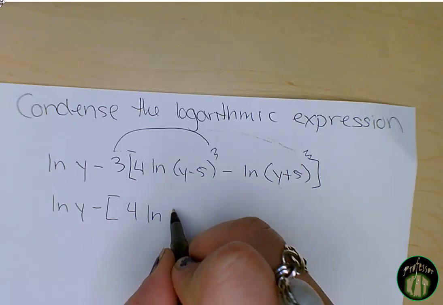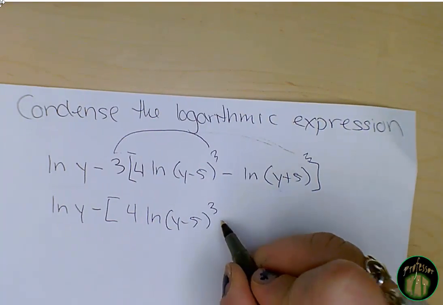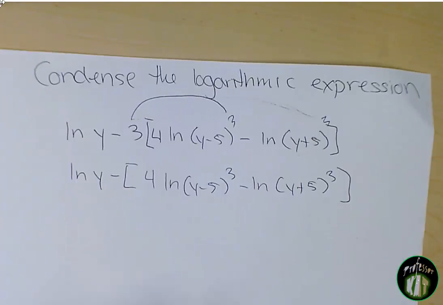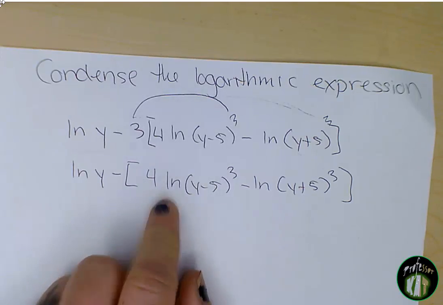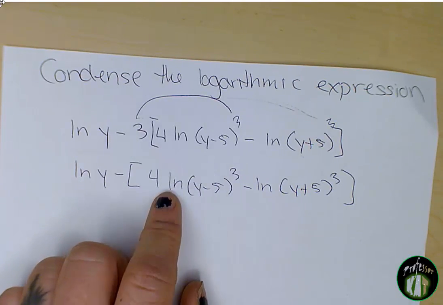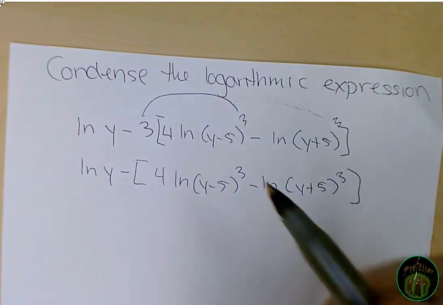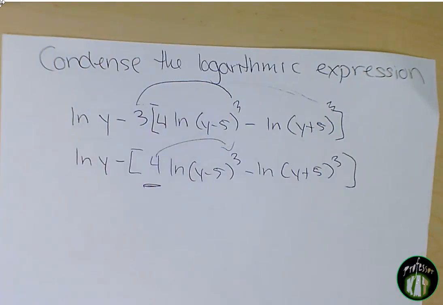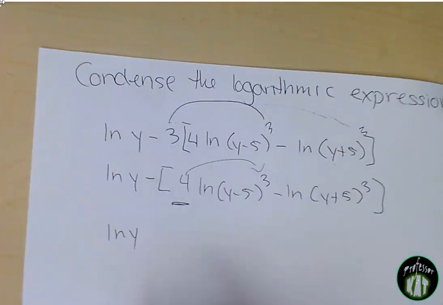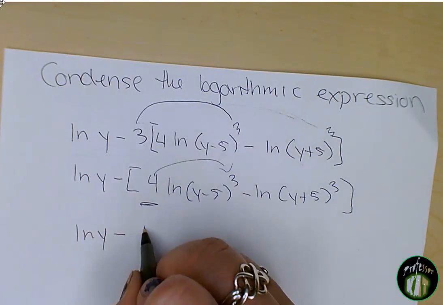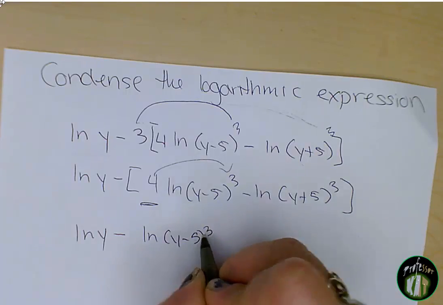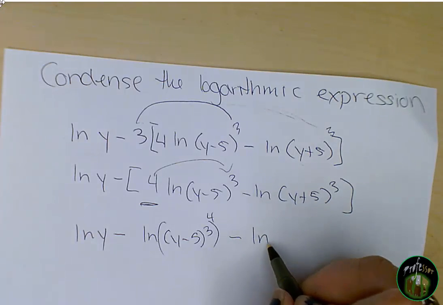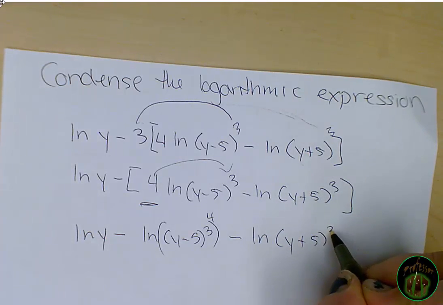So I still have this 4 ln of y minus 5 cubed now, minus ln of y plus 5 cubed. Now, I still have a coefficient inside here because I have this 4 that's in front of this ln of y minus 5. So we're going to do the same thing. We're going to use that power rule in order to take that coefficient that's going to become an exponent. So drop down ln y, minus ln of y minus 5 that's cubed that we're now raising to the 4th power, and we're just dropping down this ln of y plus 5 cubed.